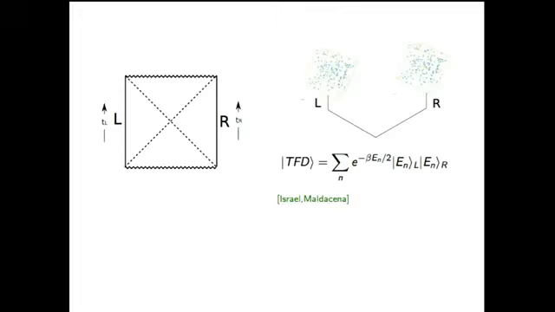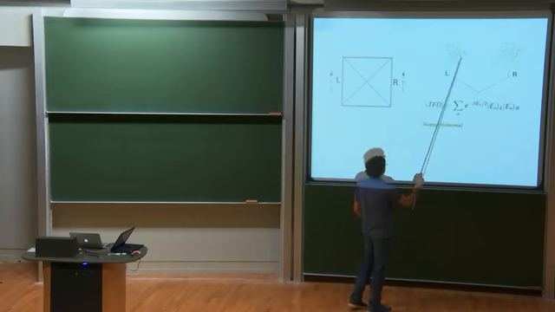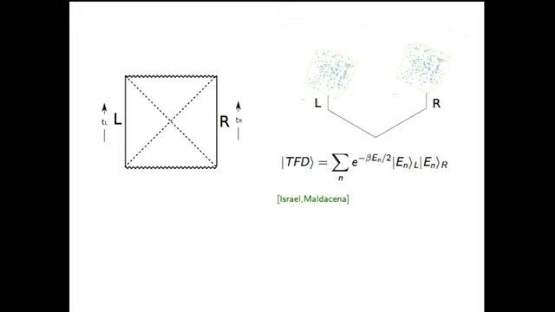So here, I didn't know what type of picture to draw for a strongly interacting CFT. So here we have a stupid picture, some boxes of particles. And what this is supposed to represent is that we have these two systems, and this line is supposed to represent the entanglement. This is a very highly entangled state between the left and the right systems. It's important to note, though, that although they're entangled, these two systems are not interacting with each other.